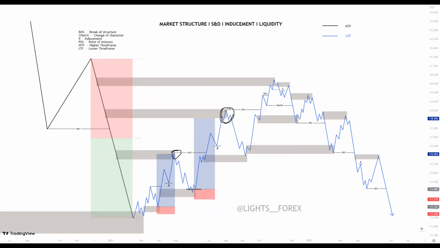Then when you see this reaction, you're like, okay, it seems like the price is about to do this, but I'm aware that we still have another point of interest just above. Then from there, the price does the same thing.